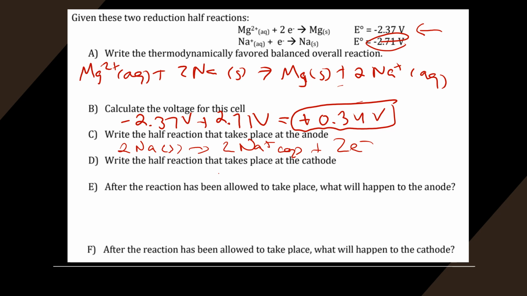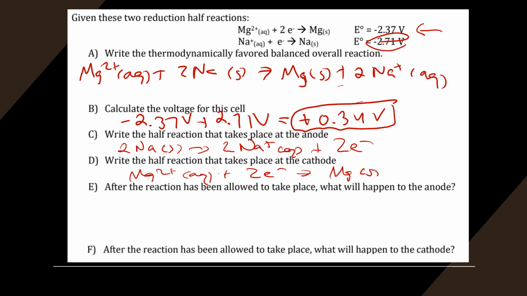Write the half reaction that takes place at the cathode. It's the opposite, where reduction occurs, and we didn't need to flip that, so we're just going to write it as is: magnesium 2 plus aqueous plus 2 electrons produces magnesium solid.